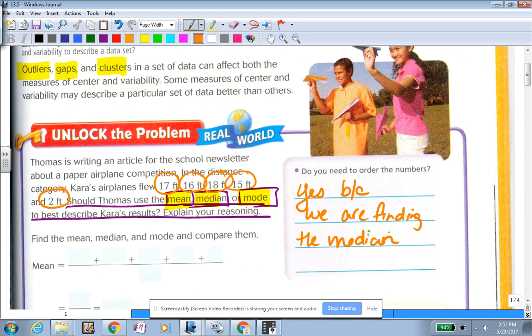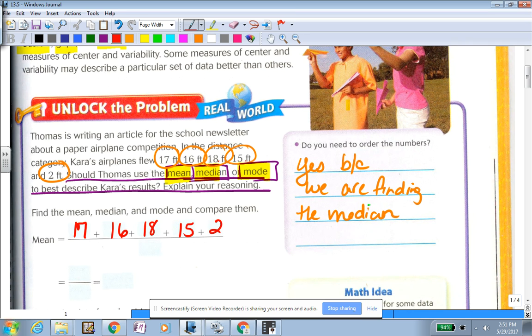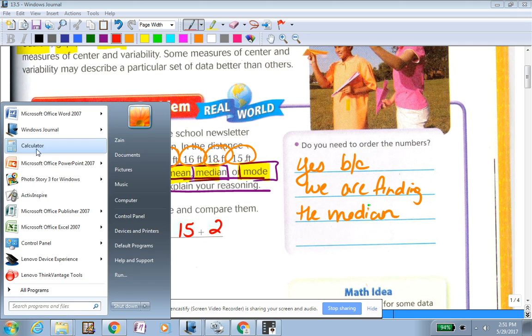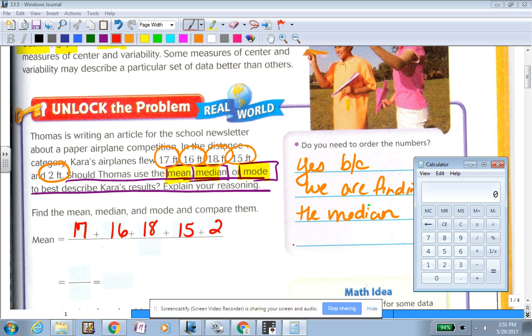Now, we don't need to do that right away because we are going to find the mean first. So let's list the data values as they have them here: 17, 16, 18, 15, and 2. And let's add those all together. You should have a calculator with you because we're really focusing not on our computation, but on our statistical analysis skills.